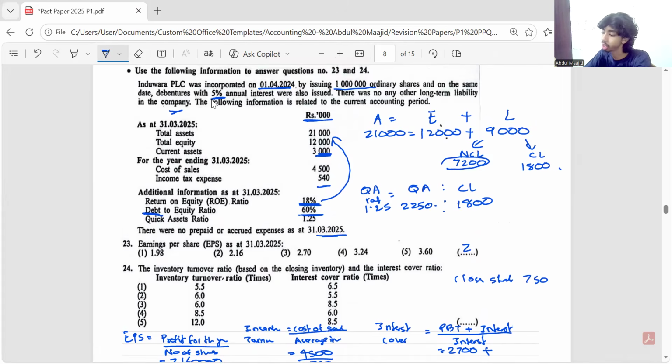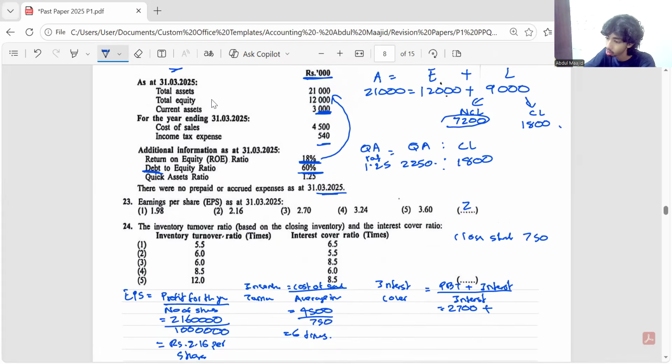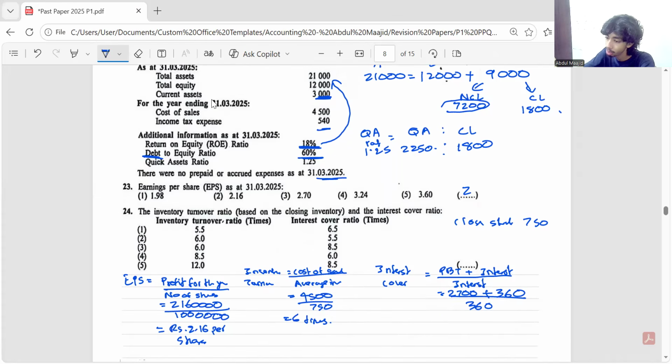Then what will be your interest? 5% of 7,200, that is 360. So profit before tax 2,700 plus interest 360, divided by interest 360. How much will be your interest cover? 2,700 plus 360 divided by 360, that is 8.5 times. So 6 times and 8.5 times, that's answer number 3.